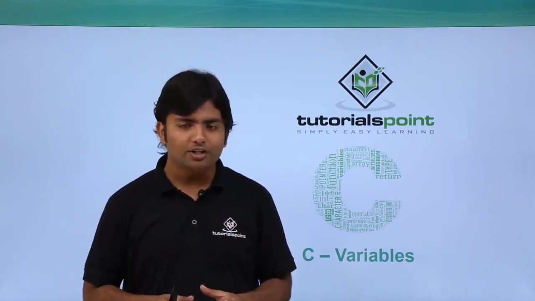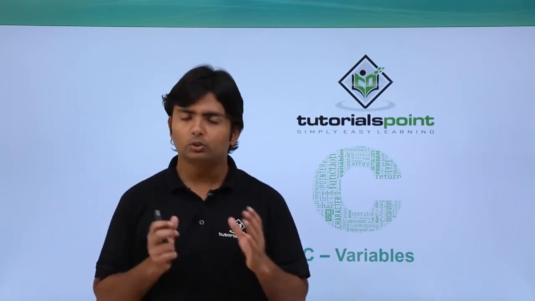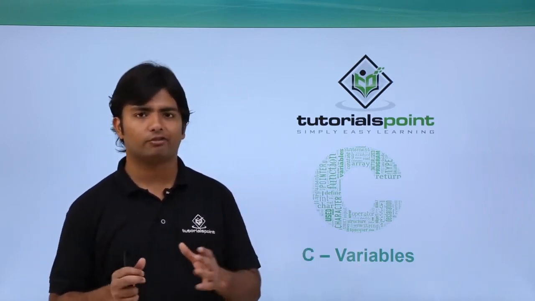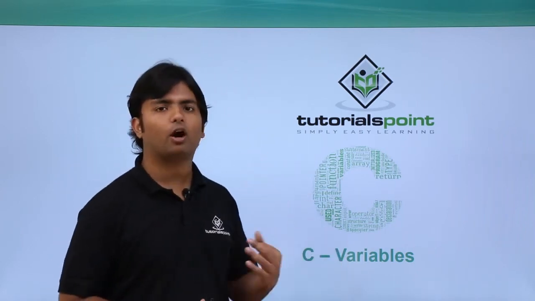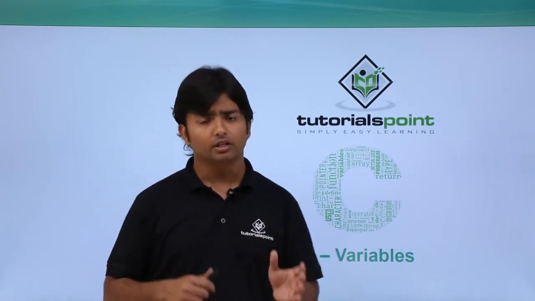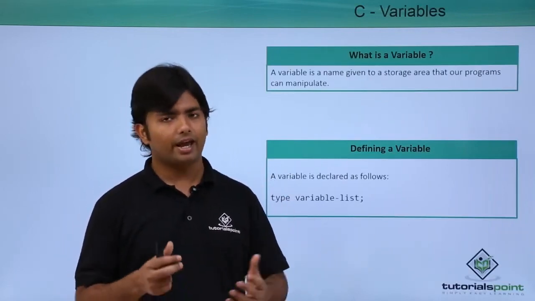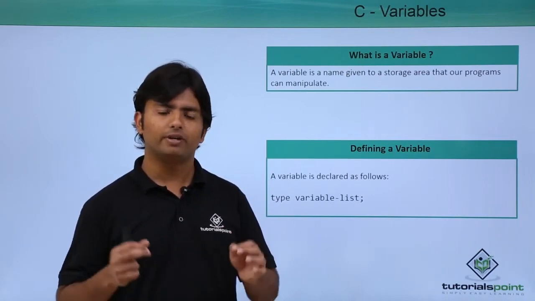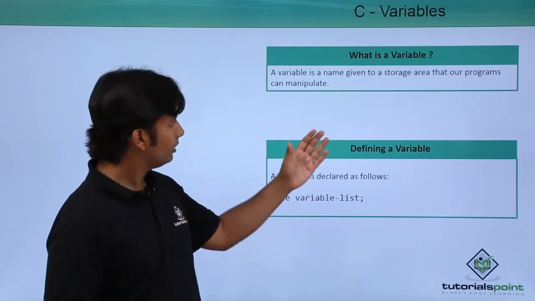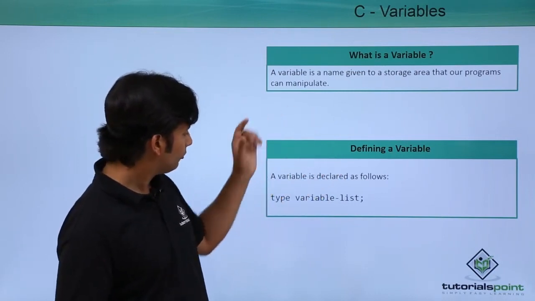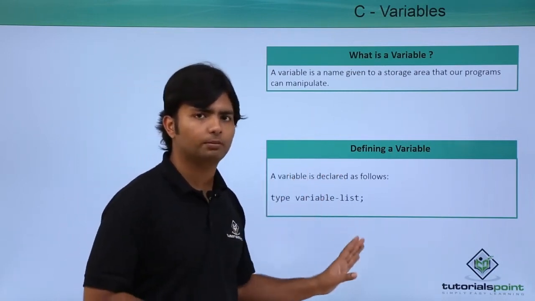We will cover variables. As we already know about the type modifiers and the data types, using them we can define a variable. So here we will see how to define a variable. A variable is a data member that stores some data inside it, and in programming we are able to change the value. Whenever you define a variable, first of all you have to specify the type and then the name of the variable.